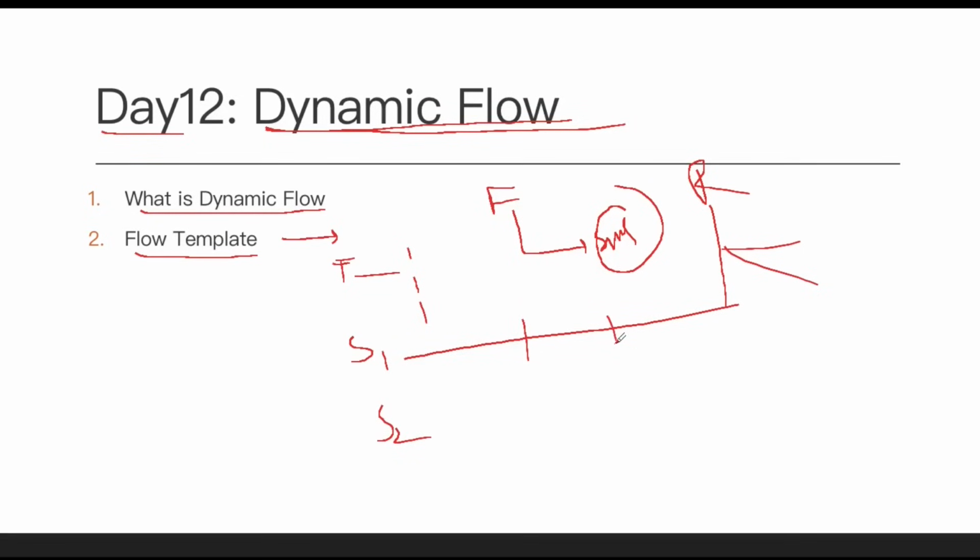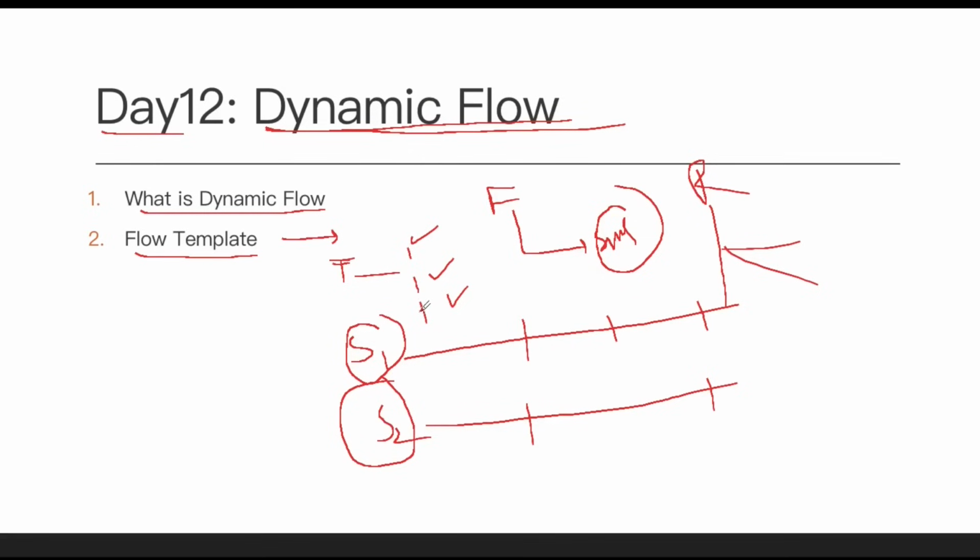Like here it can have 3 actions, and for this specific situation there could be 2 actions. So there will be one main subflow called template, and it will have a number of inputs, maybe 3. A similar number of inputs has to be present on S1 or S2, which is the situation based template or scenario based template.